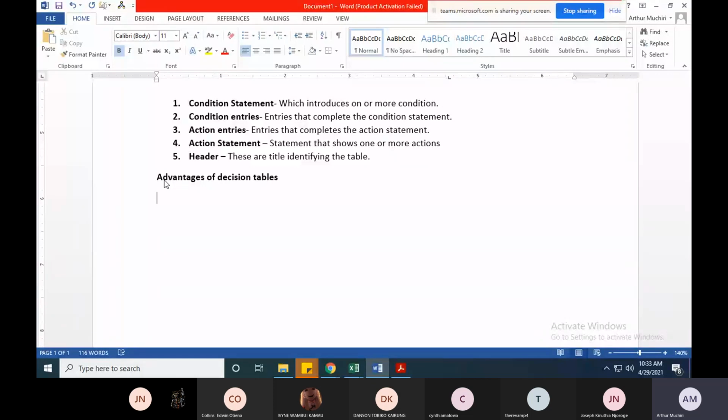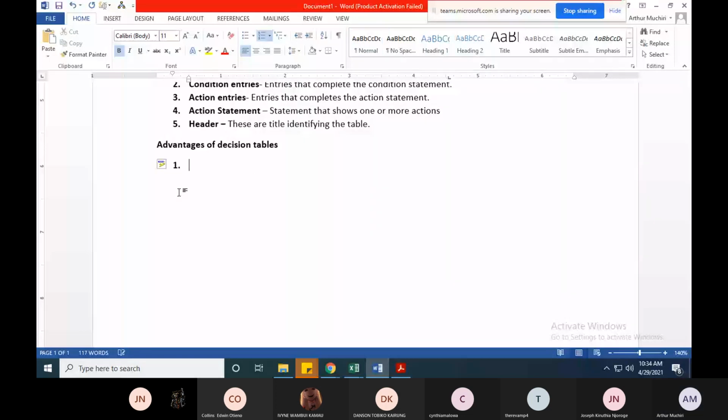Depending on a certain condition, what will happen? It is depending on the number of conditions. Anyway, I will explain using a diagram. But let's first look at the advantages.